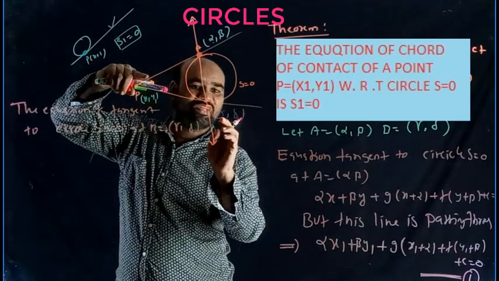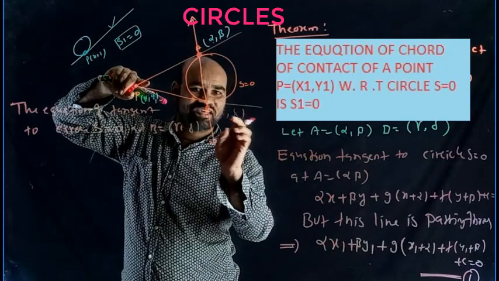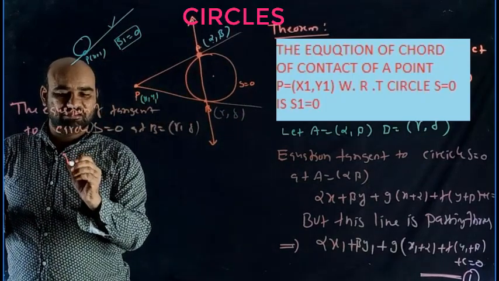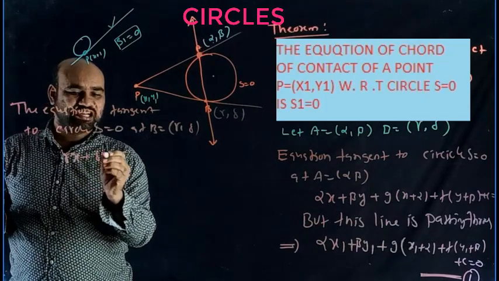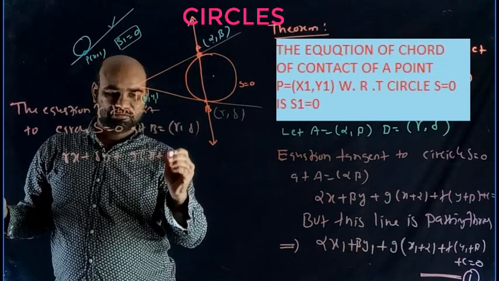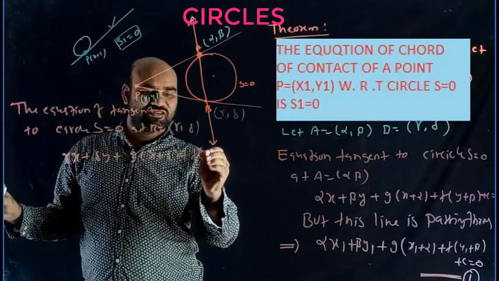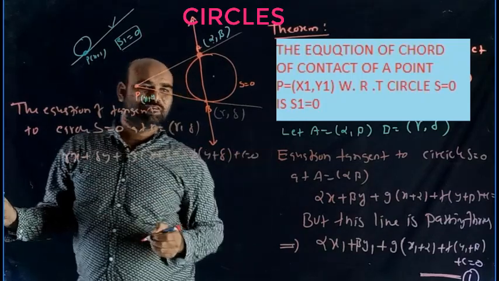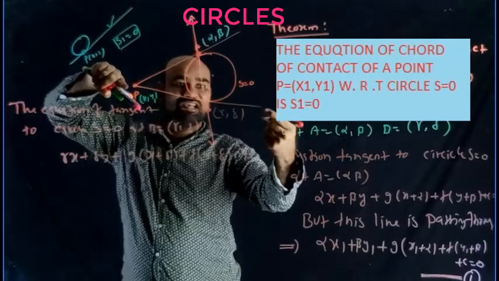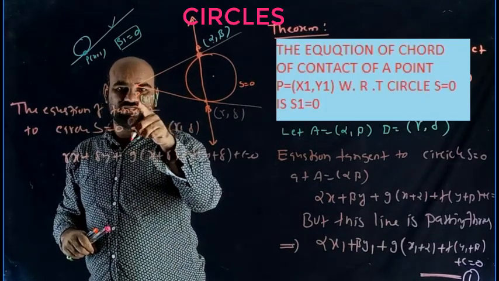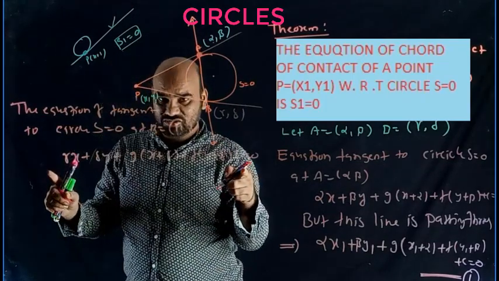Same, this is x1 y1, so xx1 plus yy1. So gamma x plus delta y plus g times of x plus gamma plus f times of y plus delta plus c equal to 0. This is the equation of the tangent. Again this line is passing through x1 y1, which means x1 y1 should satisfy this algebraic condition also.